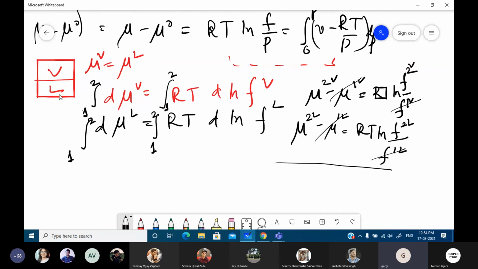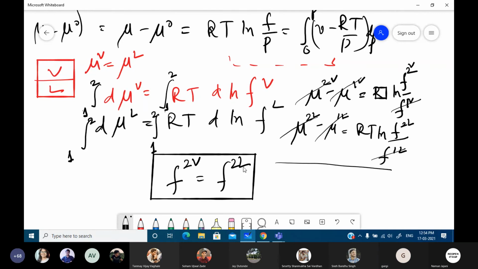If the two phases are in equilibrium, then mu V equals mu L. Or in other words, this and this are also the same. So from here, don't I get that f in whatever state 2 is equal to f in state 1?